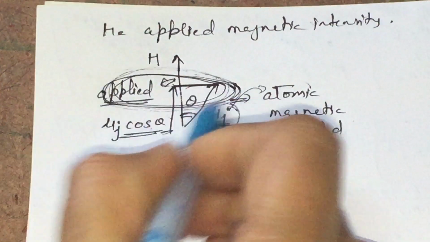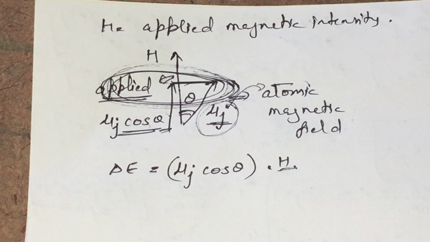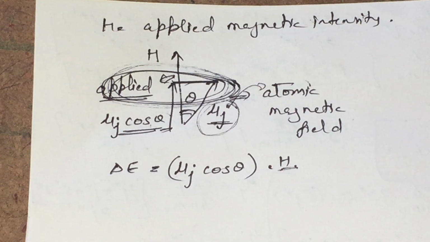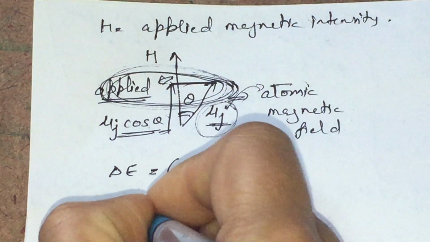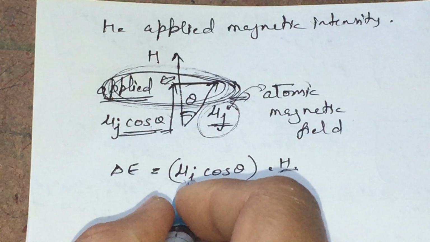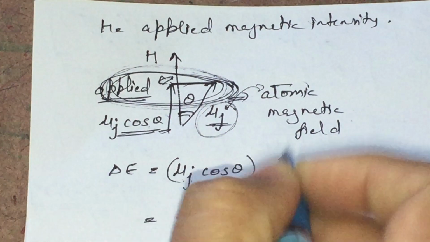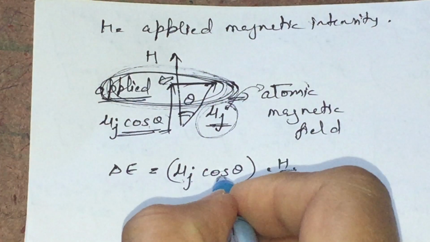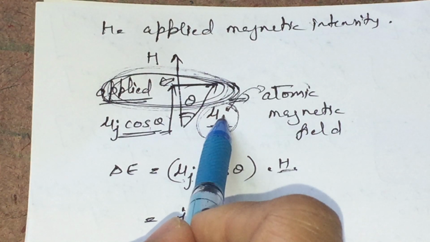You can say that the precession of our atomic magnetic moment depends upon the value of H. And in terms of Bohr magneton, we already know that mu j is nothing but J star g, and cos theta is the angle between mu j and H.